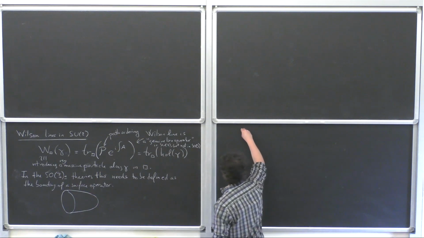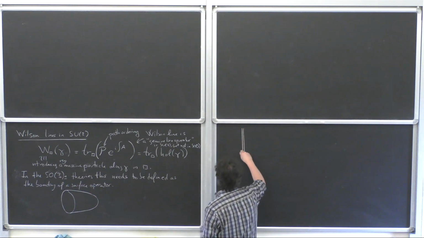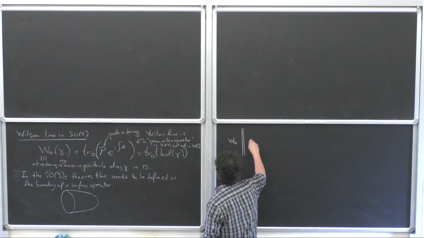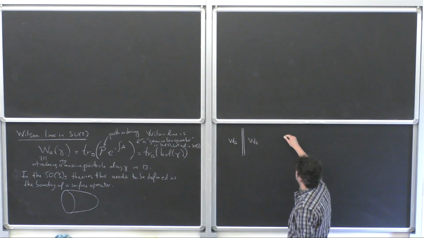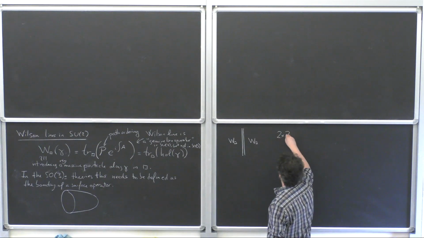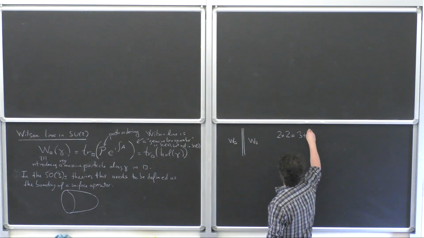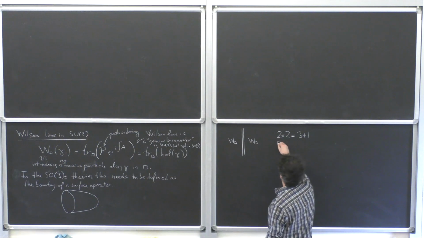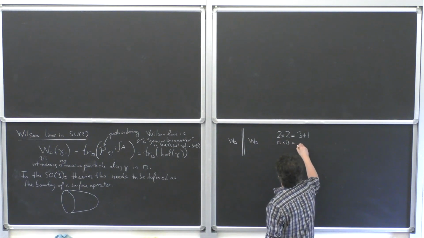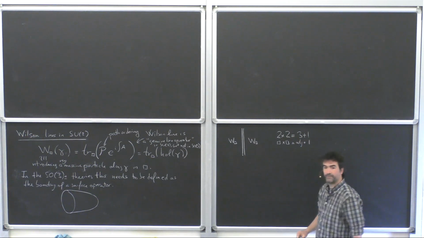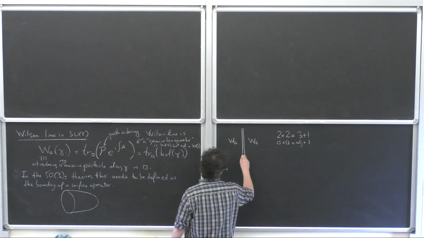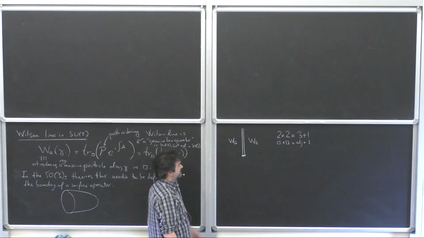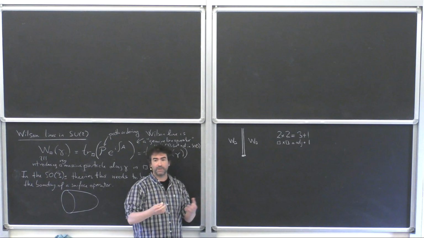But if we have two in the fundamental, then because in SU2 the fundamental times the fundamental is the adjoint plus a singlet, you can take two of these lines and they can end on sources, on operators that generate local operators.